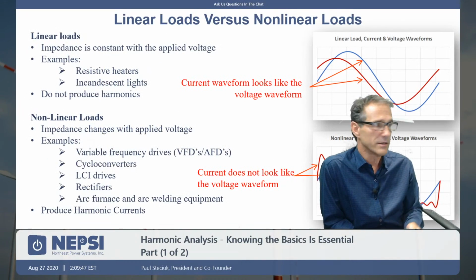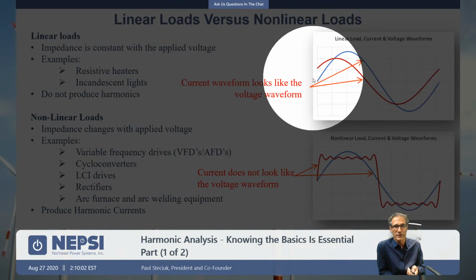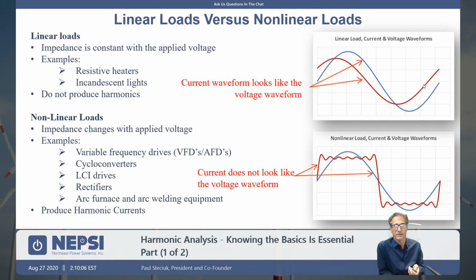So let's talk about linear loads and nonlinear loads. This is a concept that's often discussed when it comes to harmonic analysis. A linear load means that if I input a sinusoidal voltage waveform here, I get a sinusoidal current flow. So I've got a resistive element.